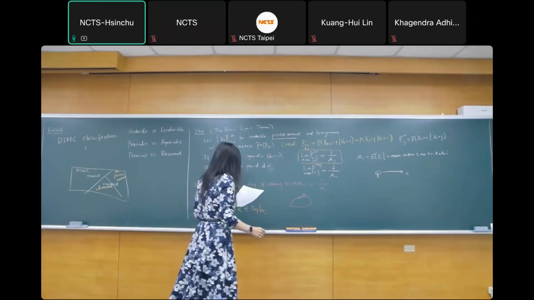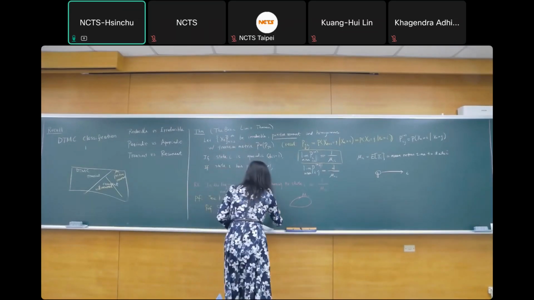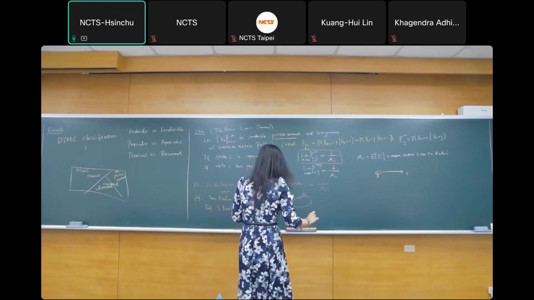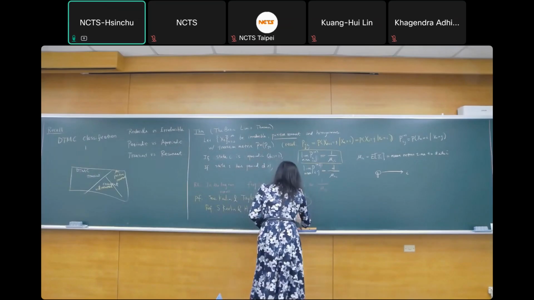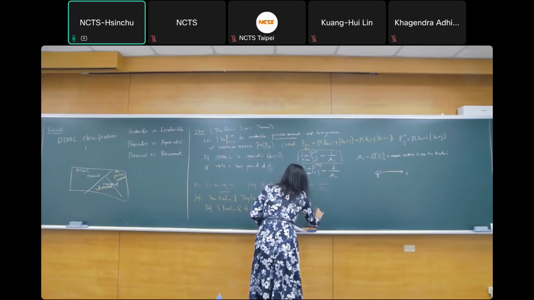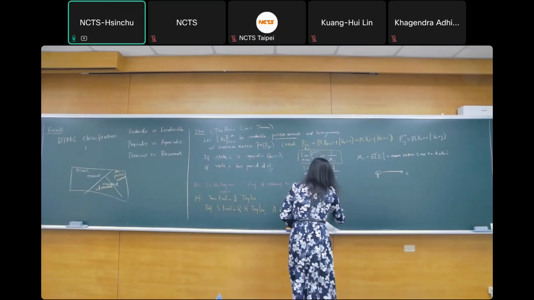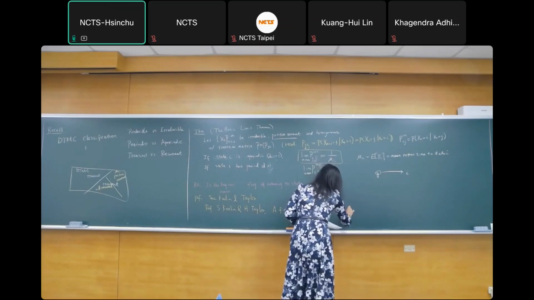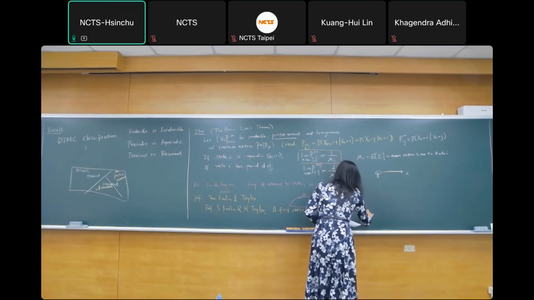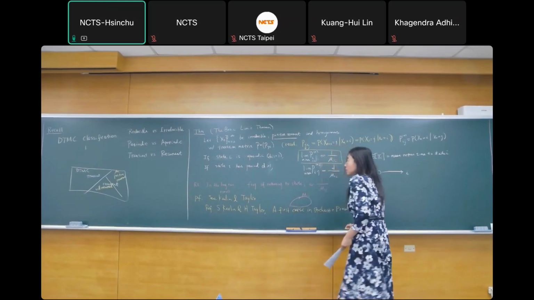It's a pretty old book, probably before everyone was born, 1975. A First Course in Stochastic Processes, this is the name of the book, and it's 1975. Okay, here's the reference.